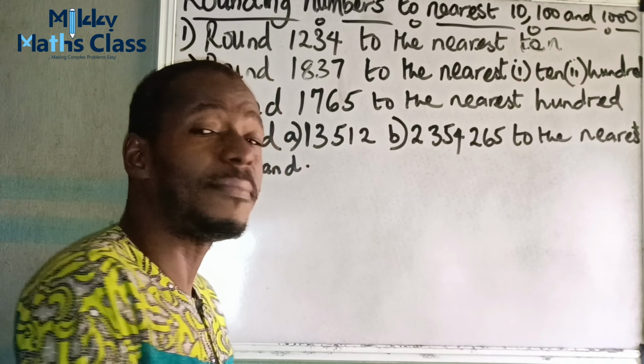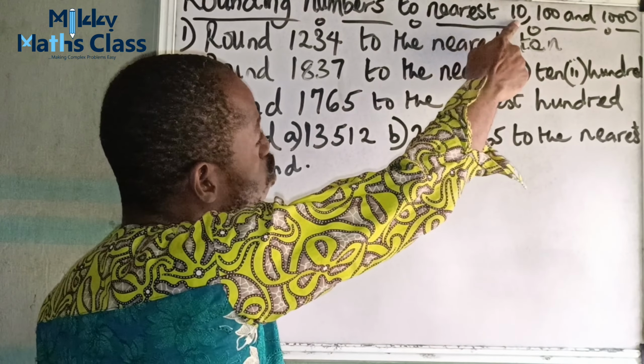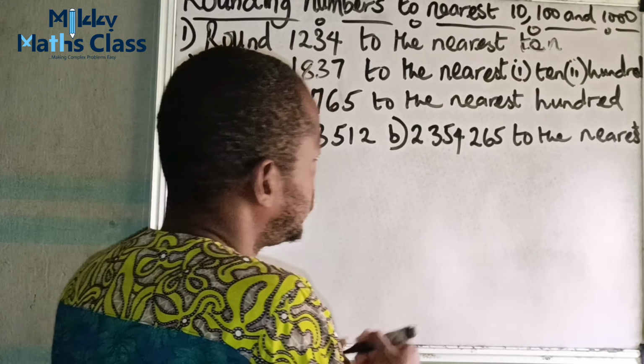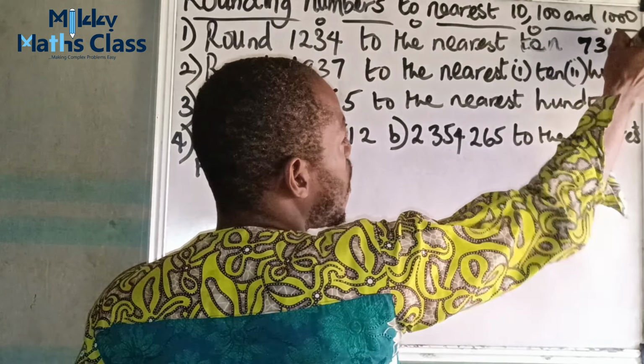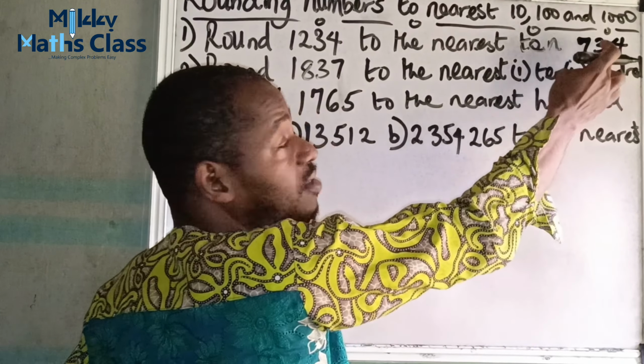To round up a number, basically there are two rules. I'm rounding up a number like this, 734, to the nearest 10. Look at this: this is the ones part, this is the tenth part.